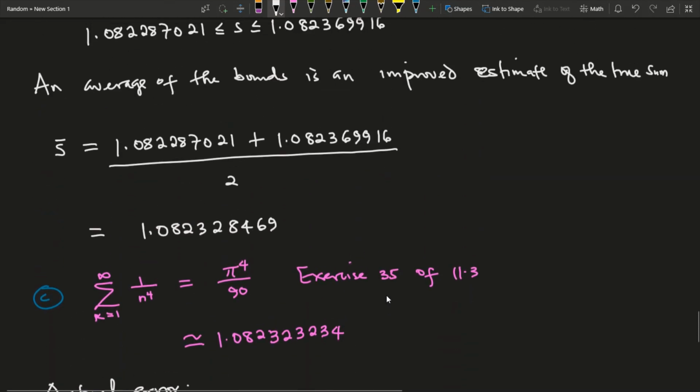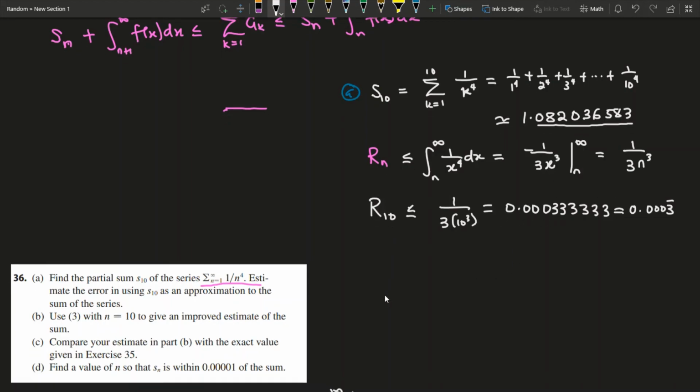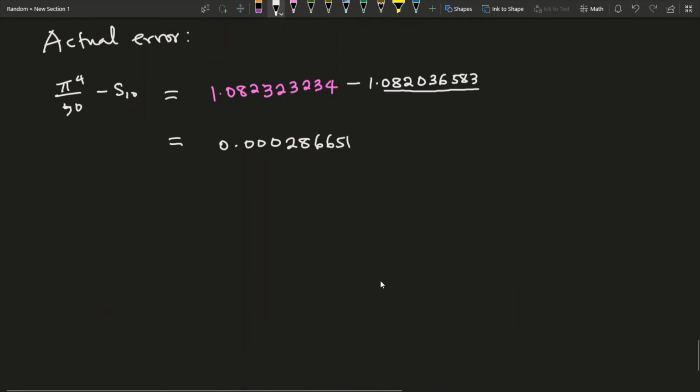So it means that the bound we got here was actually correct, because this bound tells us that the exact error R10 is less than or equal to this, right? So our bound was actually correct, since this is less than or equal to 0.0003 repeated, which is clearly true.